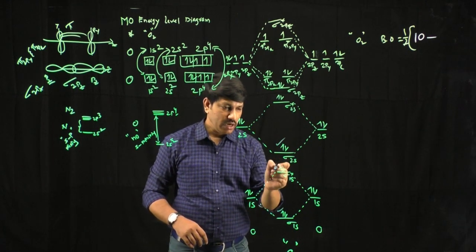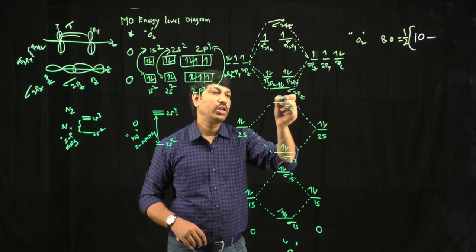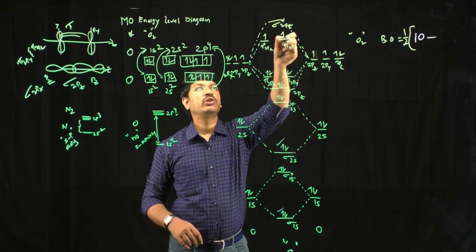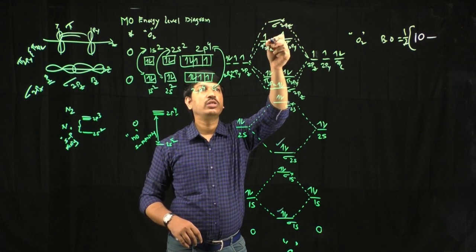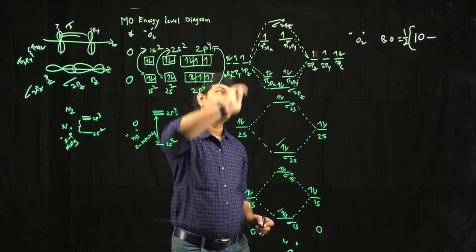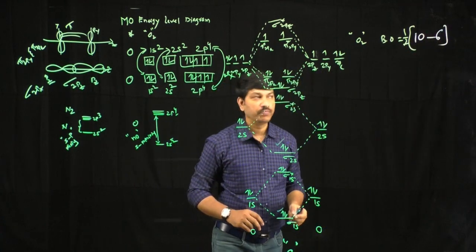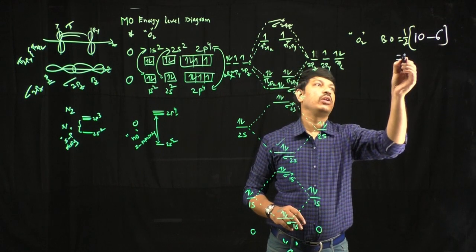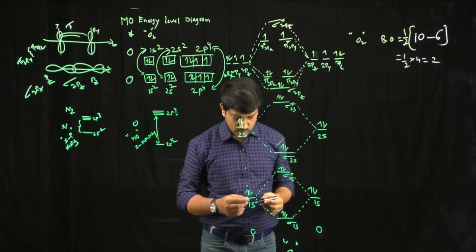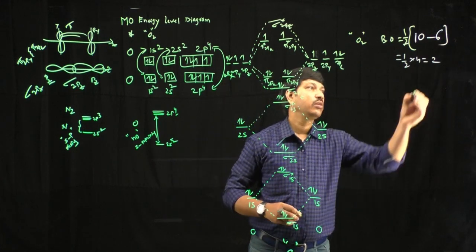Here these are anti-bonding electrons because these are sigma star 1s and sigma star 2s, a total of 4 antibonding electrons, and here also these two are antibonding orbitals, so here also we have 2 electrons. So 2 plus 2 plus 2, a total of 6 electrons are available. So that means half into 4, which is equal to 2. Like this we calculate the bond order value of the O2 molecule.